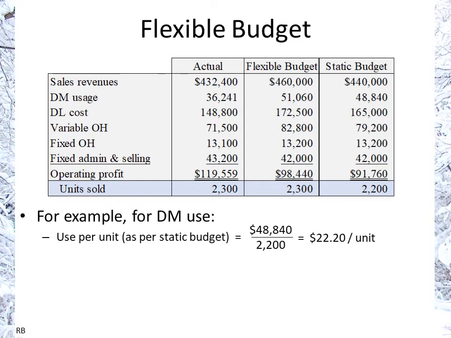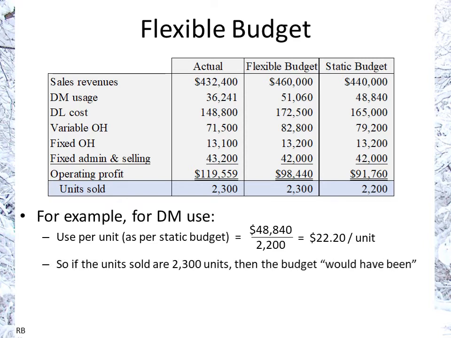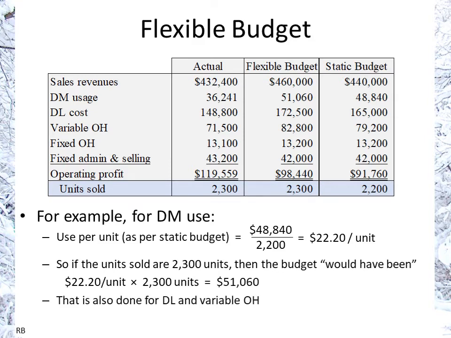Now using that on the flexible budget, we have 2,300 units, so the budget would have been, again, using that amount, $22.20 per unit times 2,300 units, so it's 51,060, which is the number we have here. This will be done also for the direct labor and variable overhead as well. For fixed costs, so fixed overheads, fixed admin and selling costs, they will stay the same. So we have here a consistency across for those.